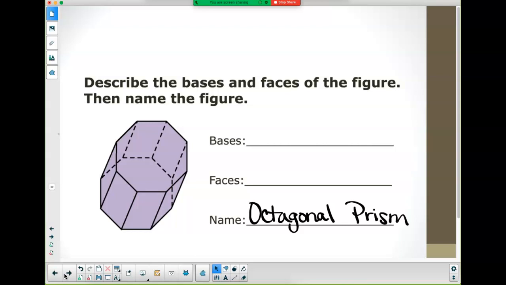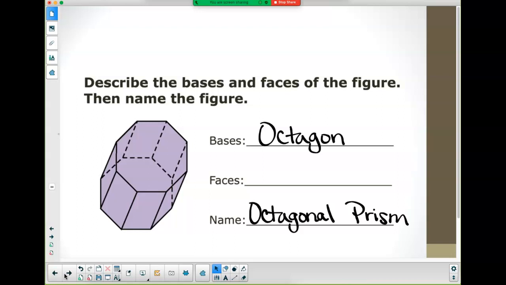Okay, octagon because it has 8 sides. Sometimes people say it octagonal. You might hear that. Okay, so what's the base? If we call it an octagonal prism, the base is what shape? Go ahead, Sam. An octagon. Okay, the base is an octagon.